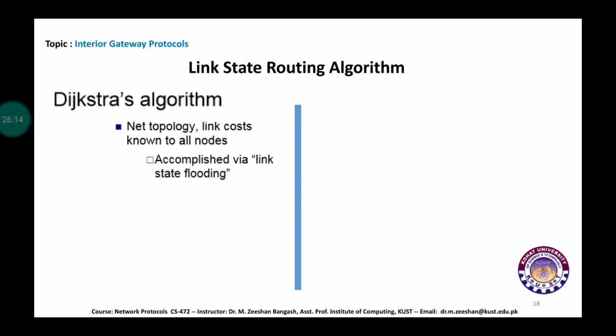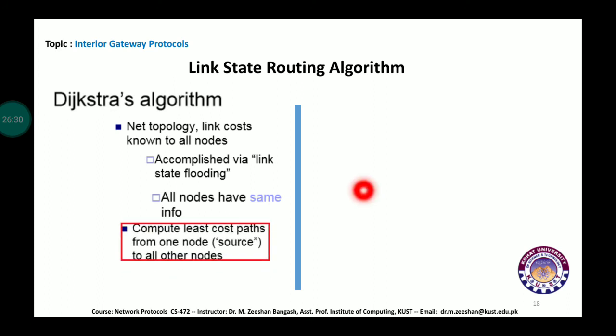Link state flooding is performed in order to share this link cost information to all the nodes. After this flooding, all the nodes will have the same information, and then when a packet is originated for sending to the receiver, a computation is performed in order to calculate the least cost from one node, the source node, to all the other nodes.